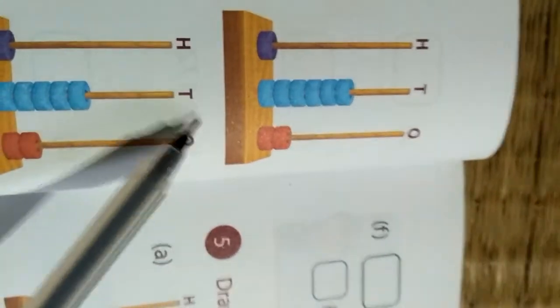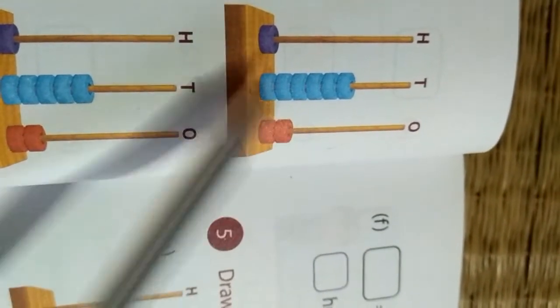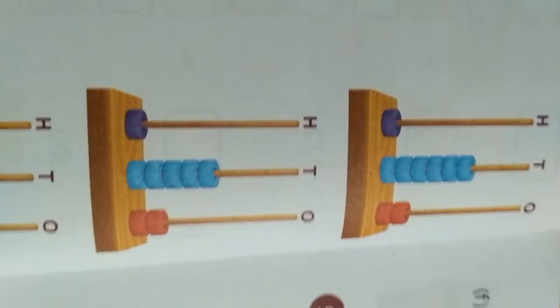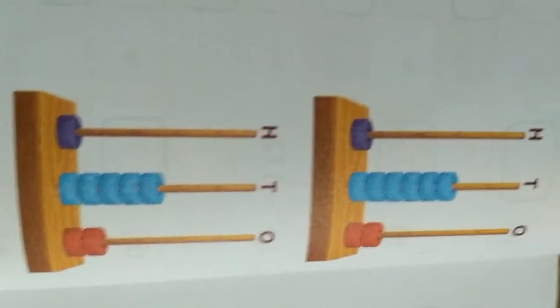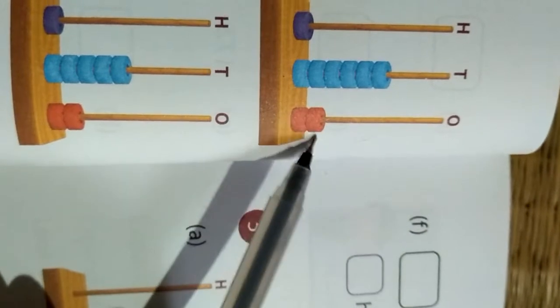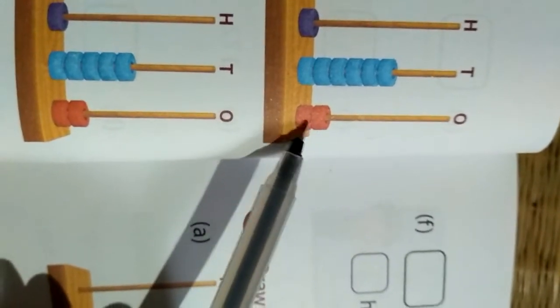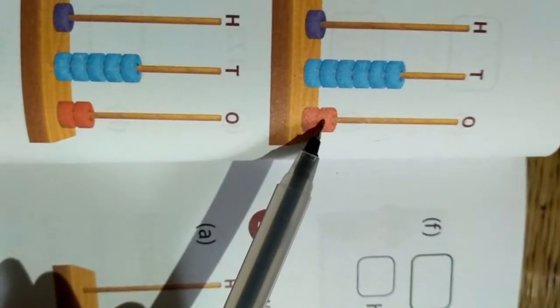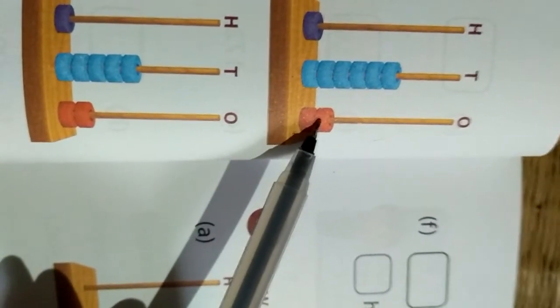Now the number of beads on each pipe represents the digit of the corresponding place in the number. Look at the example. The first pipe, the ones pipe, has 2 beads, so 2 ones.